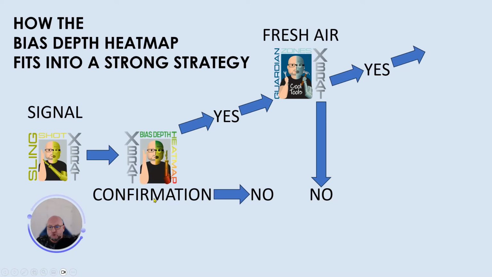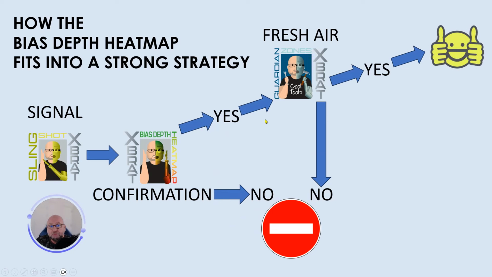If you do not get the confirmation, so if you get a long signal and we've got a bit of green, bit of yellow, bit of red in there, that is not the confirmation. You do not take the trade. That's the simple rule. We're filtering out the lower probability trades. If you do get a signal, the next step is, have you got fresh air to trade into?